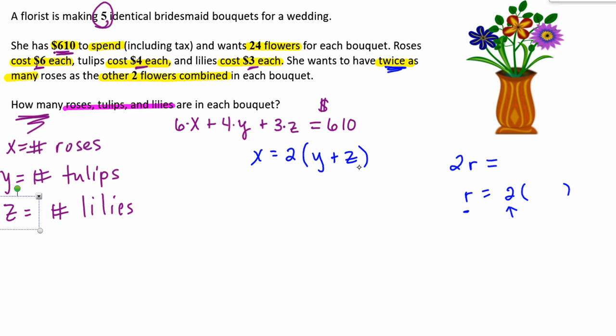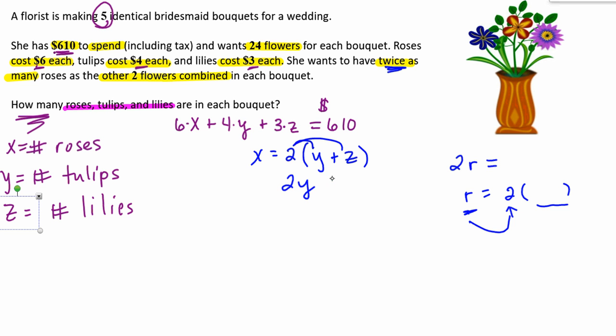Now let me go over that again. She wants to have twice as many roses as the other 2 flowers combined. So when I say twice as many, I'm not saying that 2 times r. I'm saying that r needs to be twice as big as whatever is inside here, right? So that's why the 2 went on the other side. Now this doesn't quite look right, not the right form.